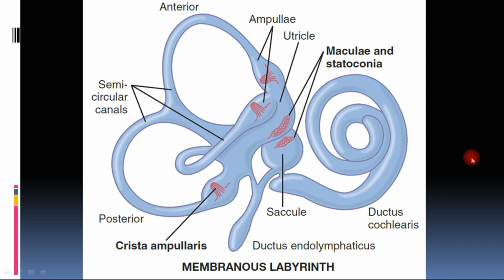When we look at the inner ear, it is located inside the petrous part of the temporal bone, and what you can see in the blue color structure is the membranous labyrinth. It is situated inside a bony tube which is present inside the petrous part of the temporal bone. There occurs a bony tube that is called the bony labyrinth, and inside that bony labyrinth lie these membranes, and thus it is called the membranous labyrinth.